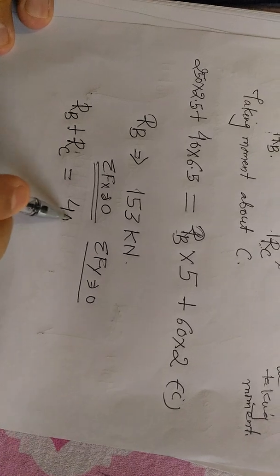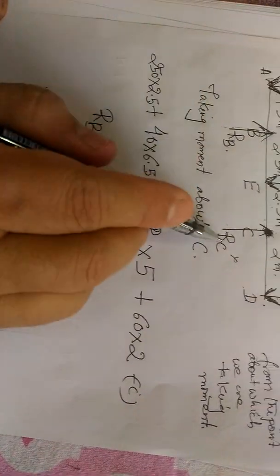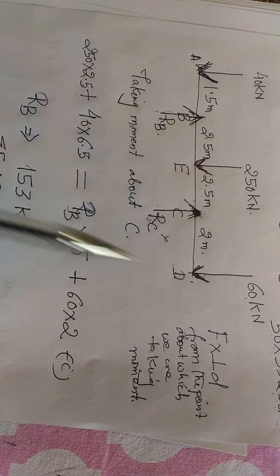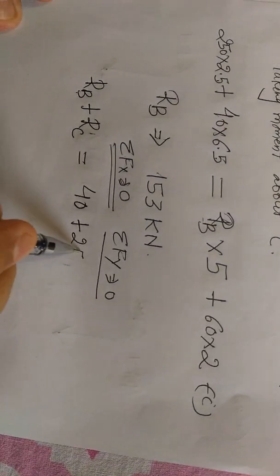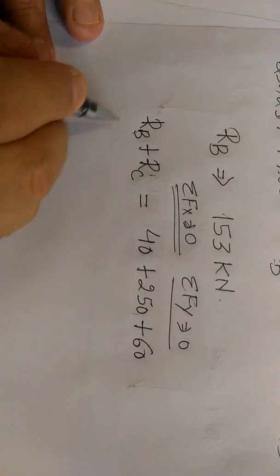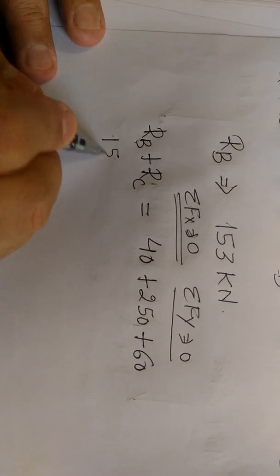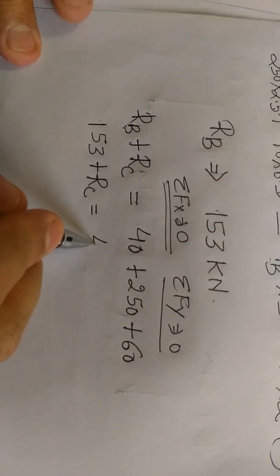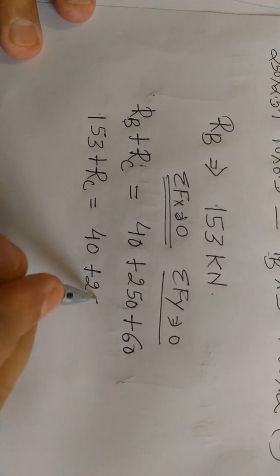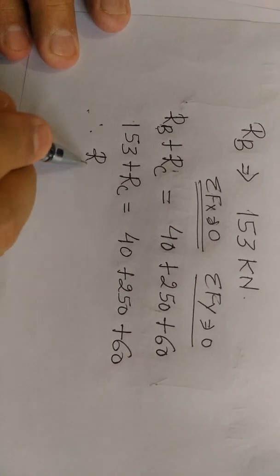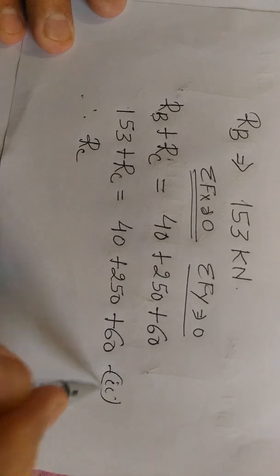Putting the value of RB, that is 153, plus RC is equal to 40 plus 250 plus 60. So solving this second equation, we'll get RC.